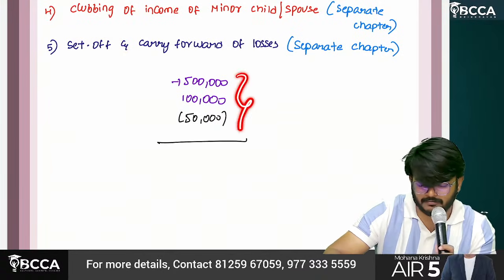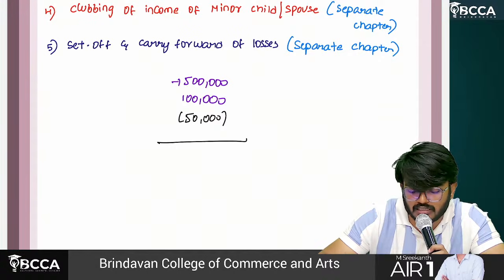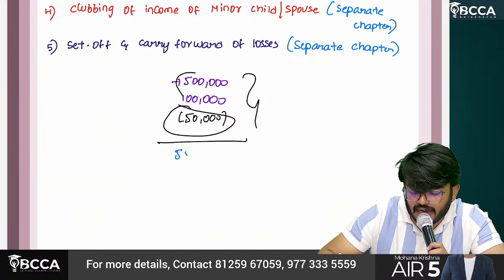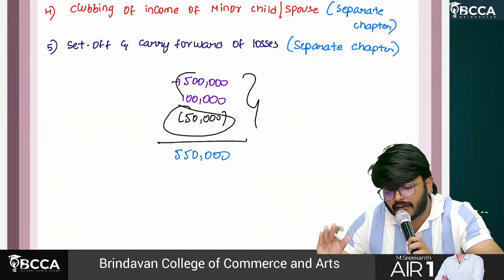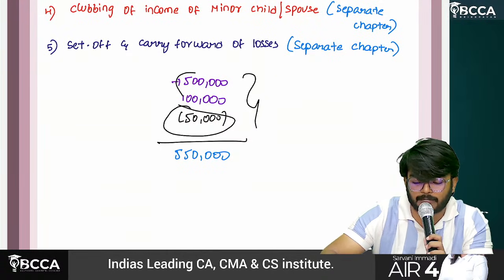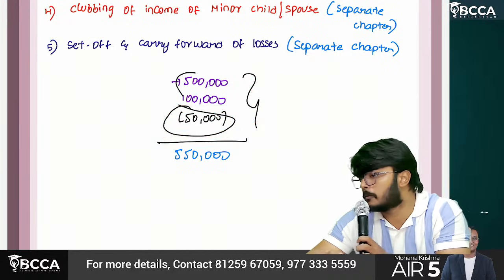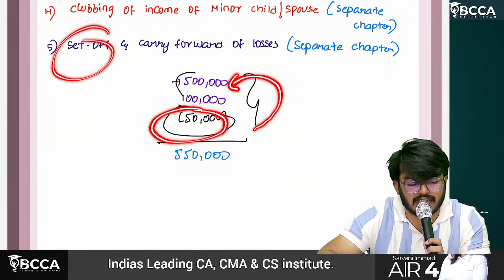Calculate and tell me. This person is getting 5 lakh plus 1 lakh minus 50,000. If you add these two items and subtract this item, what is the value you will get? 5 lakh 50,000. Correct? The meaning of subtracting this loss from the profit is called set off. Adjusting your loss from the profit is called set off.